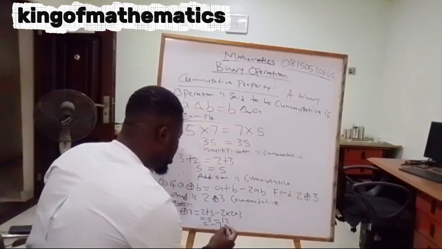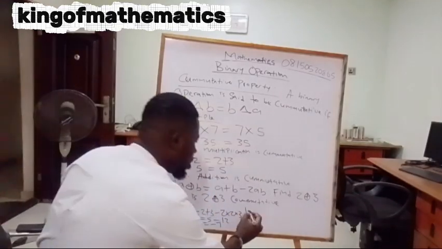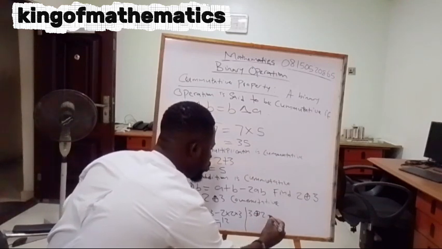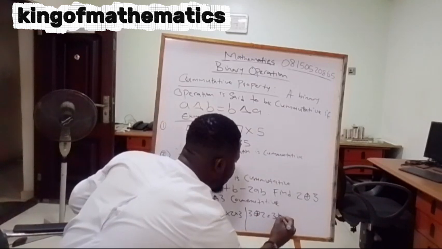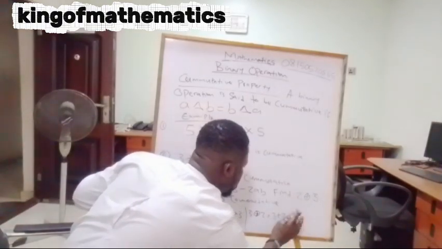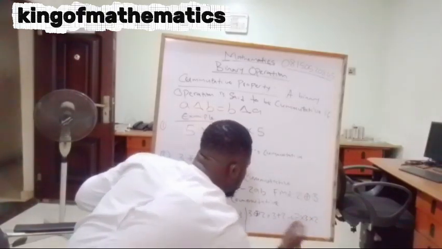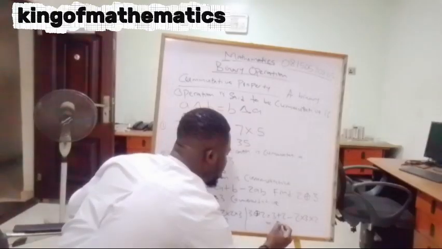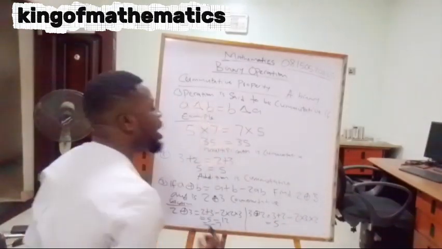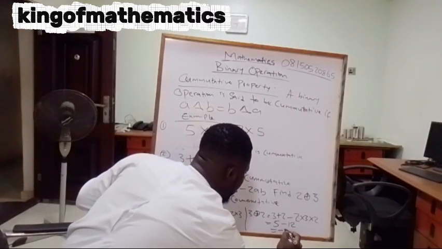You now check when you change the values, that is 3 operation 2. What will it give us? That's 3 plus 2 minus 2 times 3 times 2. If you check it, you see that this is 5 minus 2 times 3, which is 6, then times 2, that's 12, which is still minus 7.